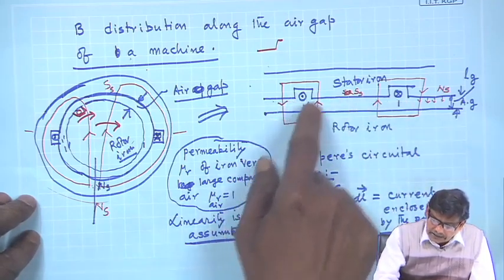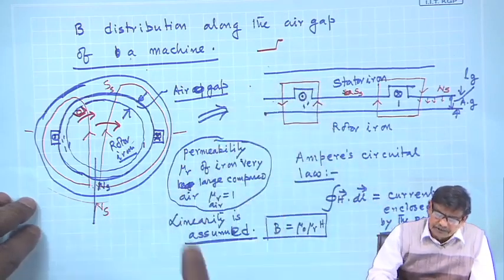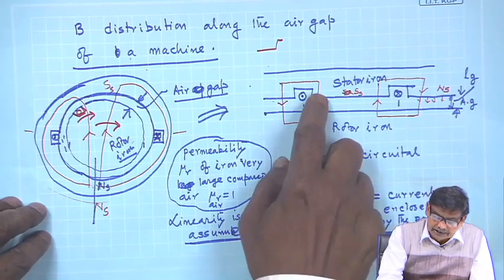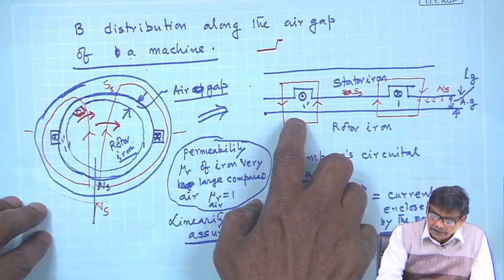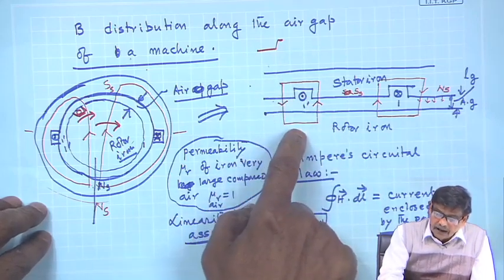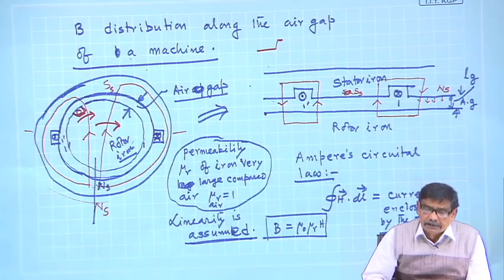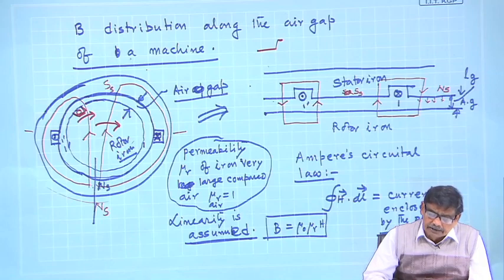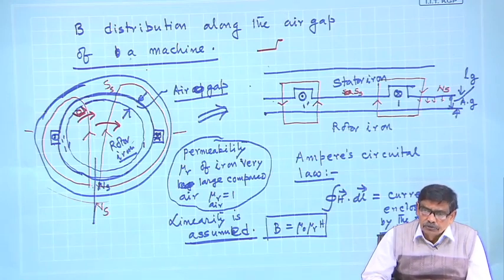Along the flux lines, if you consider any flux line, it will cross the air gap twice, and it will also complete its path via the stator iron and the rotor iron. Under the assumption that the permeability of iron is infinitely large, very large, we conclude that no MMF is necessary to send flux lines through the irons.